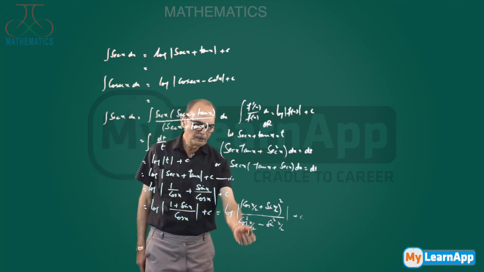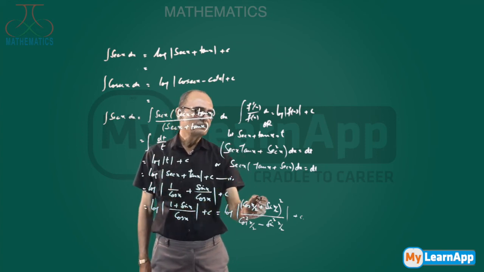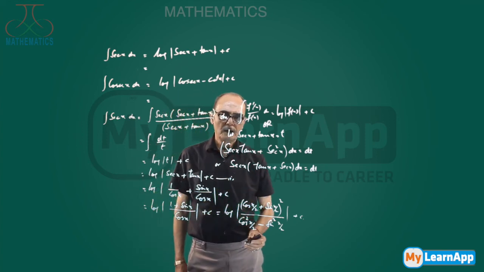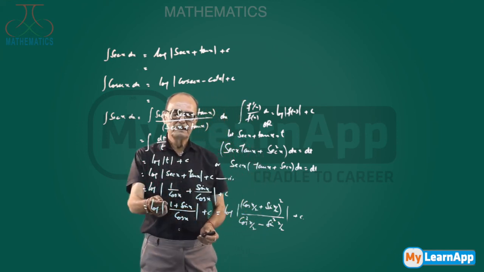These are very popular formulas: 1 plus sin x equals cos x by 2 plus sin x by 2, squared. Otherwise, if you want to confirm it, you can square it and you will get the result.